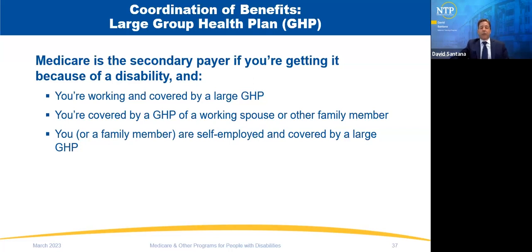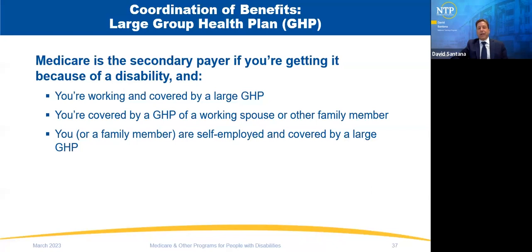If the employer has more than 100 employees, or is a member of a multi-employer plan where one of the employers has more than 100 employees, that employer plan is primary to Medicare. So again, we look at the size of the employer, and it usually has to be more than 100 employees for that plan to be primary to Medicare.